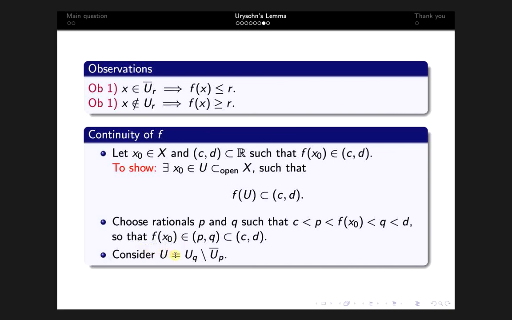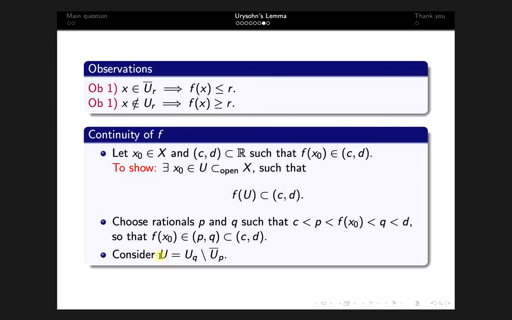Now consider U equal to UQ set minus UP closure. So UQ is open, and the closure of UP is a closed set. So an open set minus a closed set is open, so U is open basically.